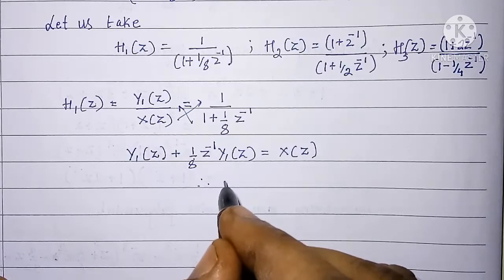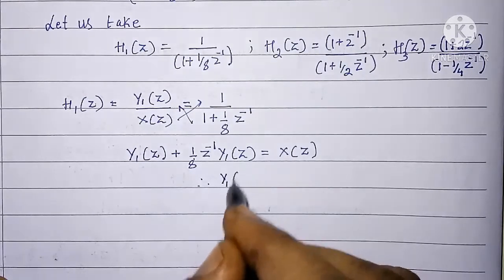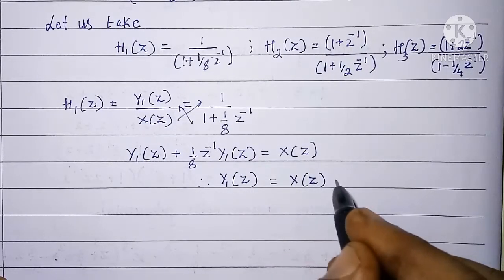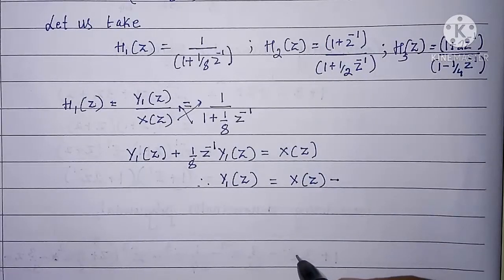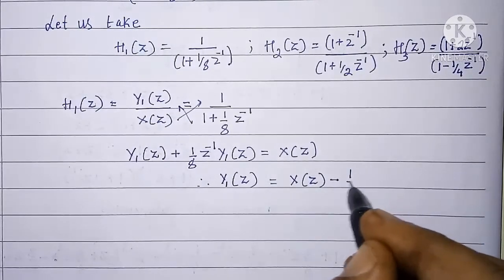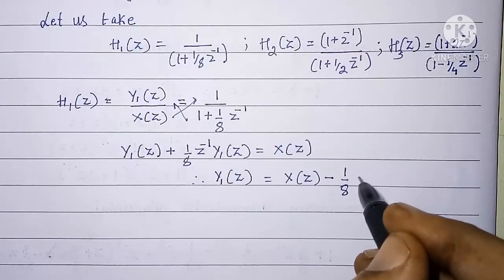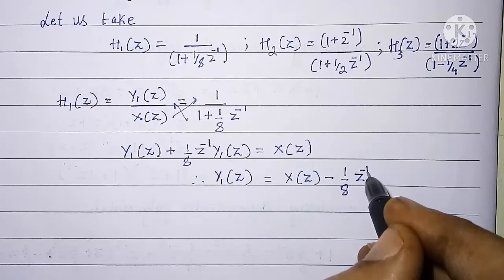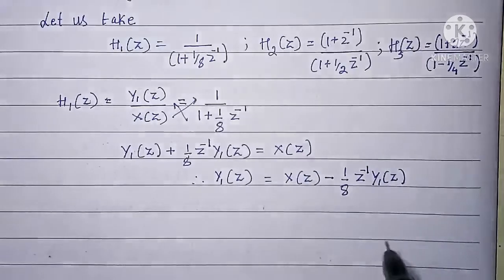Therefore, y1 of z is equal to x of z minus 1 by 8 into z raised to minus 1 y1 of z.